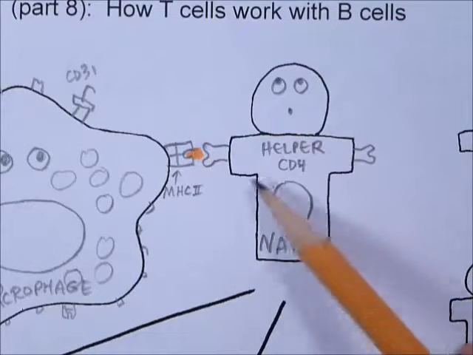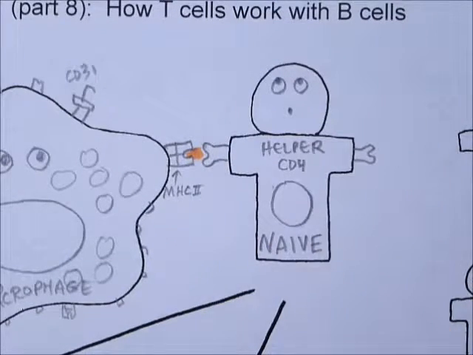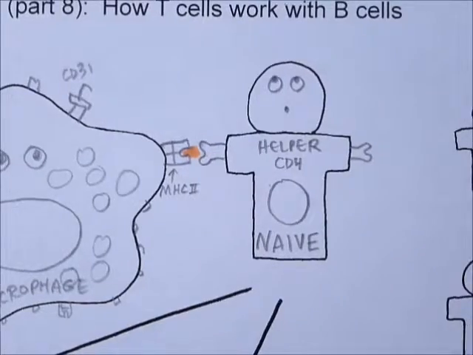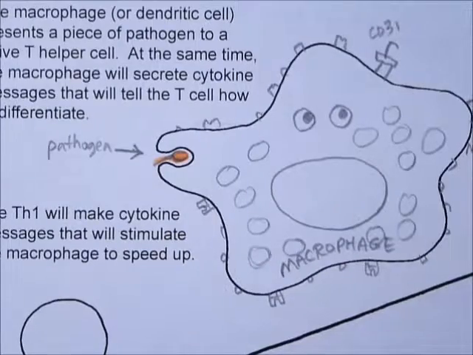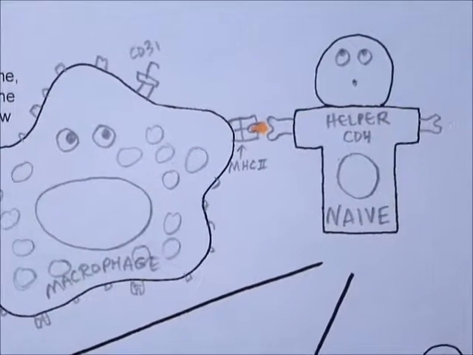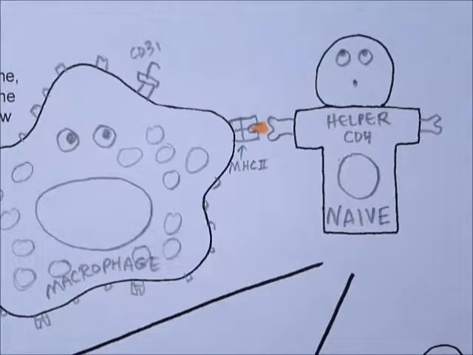So now he's locked on to this, but he needs to know what to do, because he doesn't know where this pathogen came from. He doesn't know whether it was hiding inside a cell or whether it was just floating around in the blood or in the interstitial space around the cells.